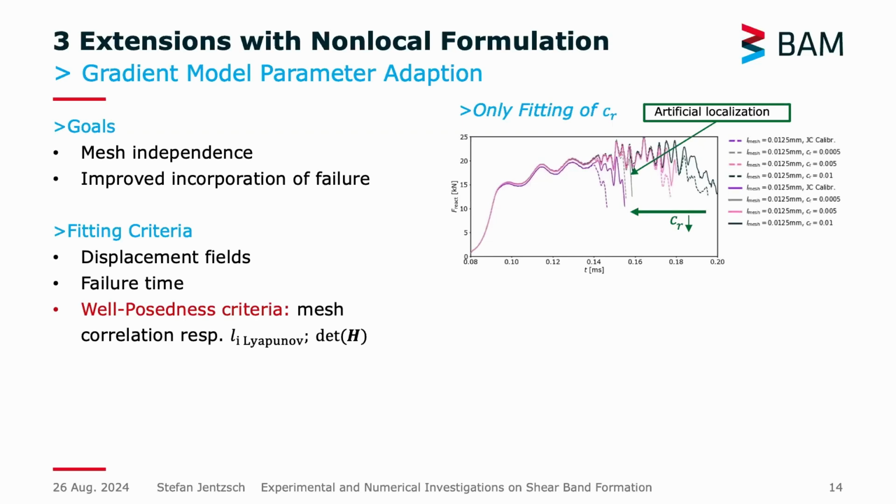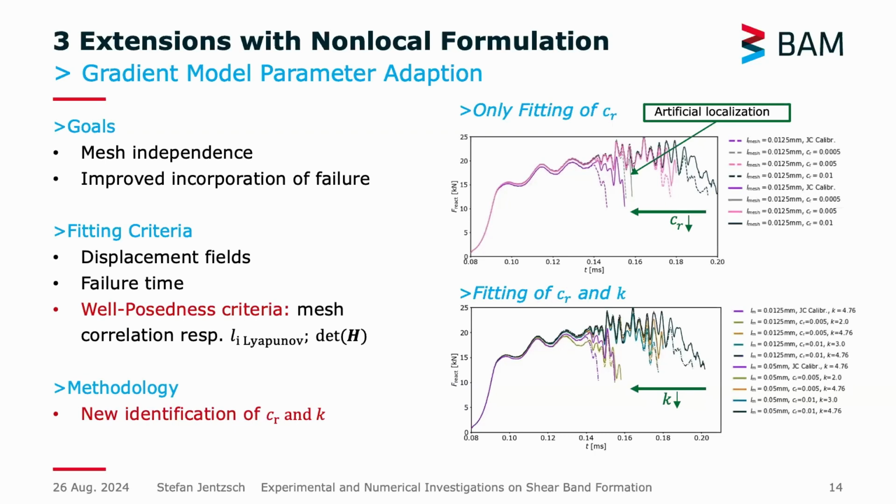Just fitting this non-local parameter did not work to overcome this mesh dependence, as there was artificial localization. So another parameter, this damage evolution parameter, was identified anew. With this, I got reasonable results.